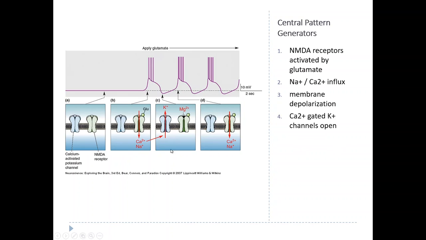And then at the same time, or immediately after the neuron fires, another set of channels, which are calcium-sensitive potassium channels, become open. These are potassium channels in the membrane of the same cells that are activated by intracellular calcium. Only calcium inside the cell will cause these channels to open. And when they open, they let potassium through.